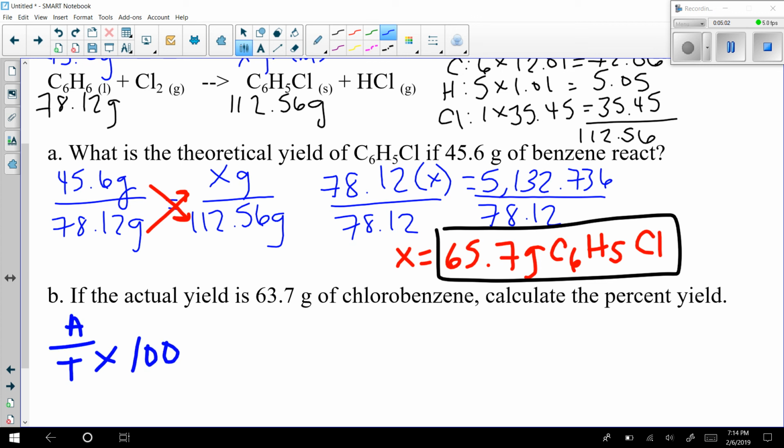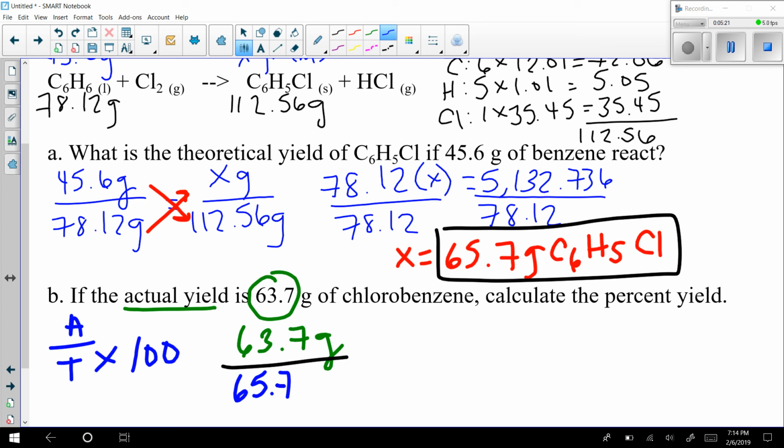So our actual yield for this problem is 63.7 grams. So we have our 63.7 grams divided by our theoretical yield, which is what we just calculated, at 65.7 grams, multiplied by 100.